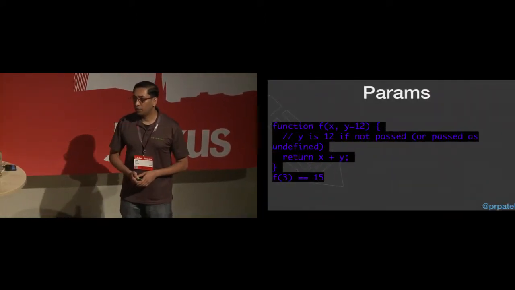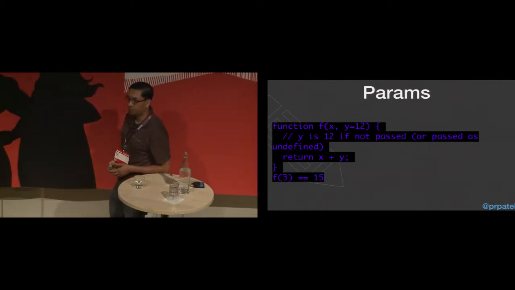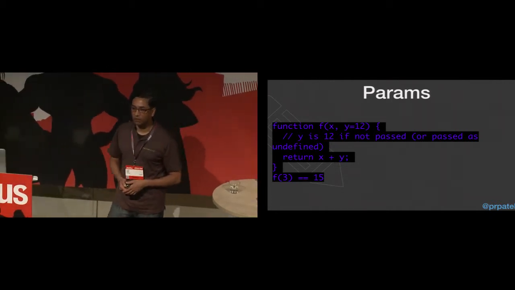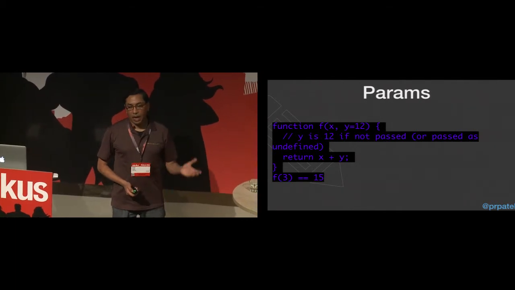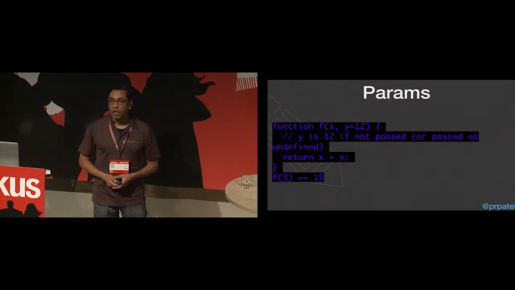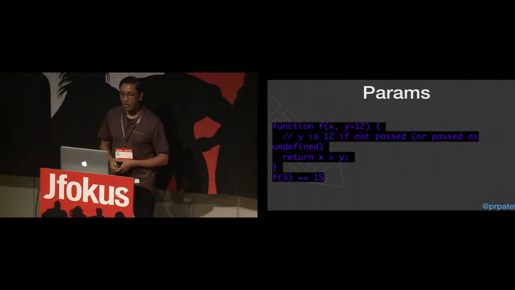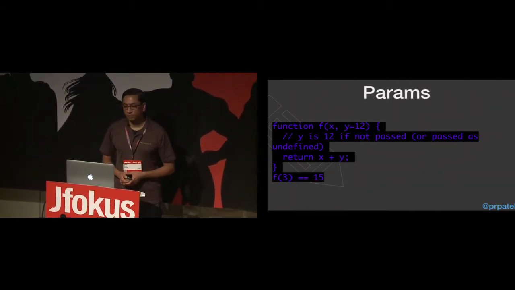All right, so what do the default parameters look like? It's very simple. Function x, comma, y equals 12. So if y is not defined, and as you can see on the last line, we say call the function with one parameter of 3, it will actually return 15, because it will use 12 as the default value of y in case it is not set. Okay.